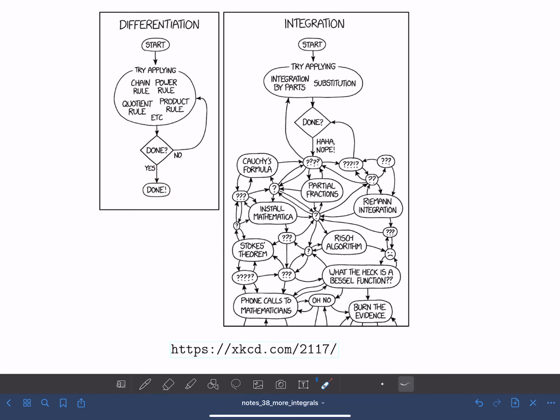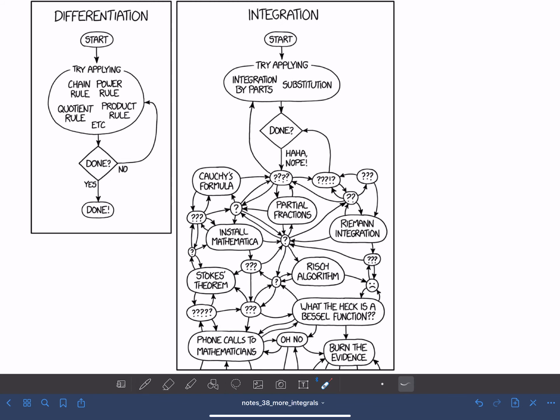Great. Integration, on the other hand, yeah, this is pretty accurate here. So let's try integration by parts. Again, I'll remind you that integration by parts is coming in Calc 2. Why do I keep writing letters out of order? What is wrong with me? So that's in Calc 2. We're doing substitution in section 5.7.